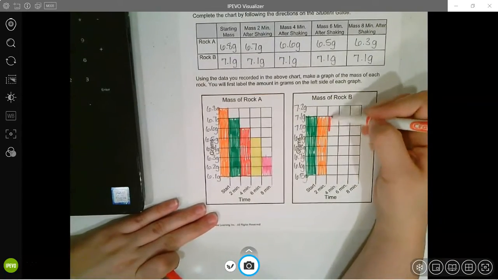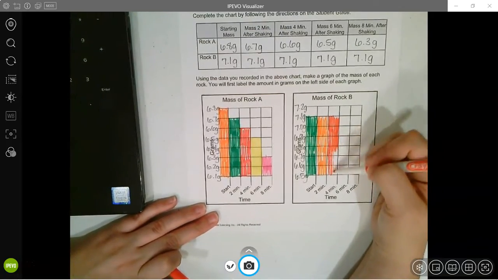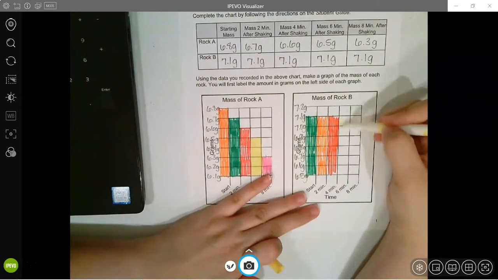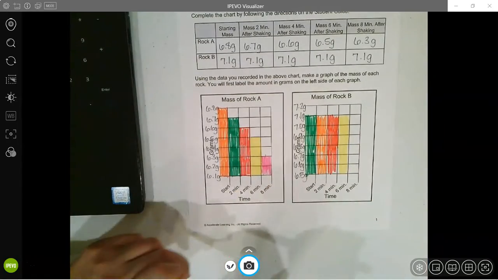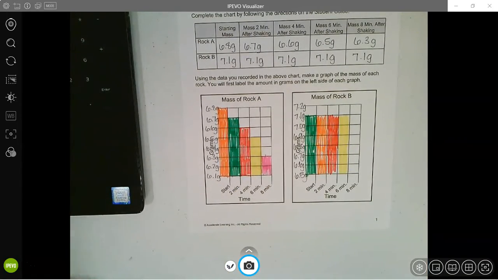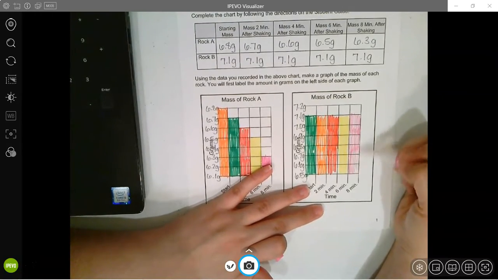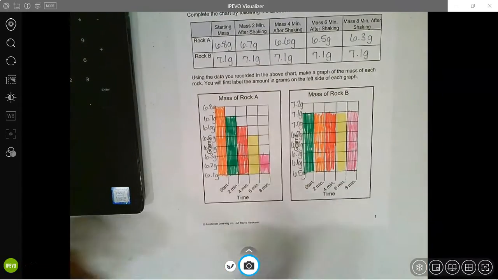It stayed the same mass no matter how long we shook it. So information that we can take away from this, let's answer some questions.